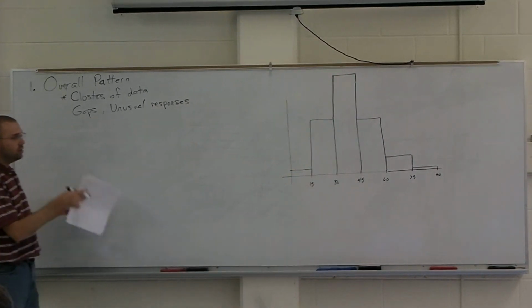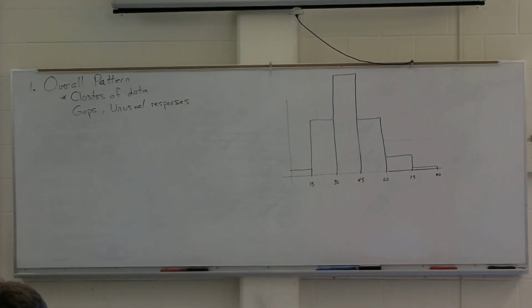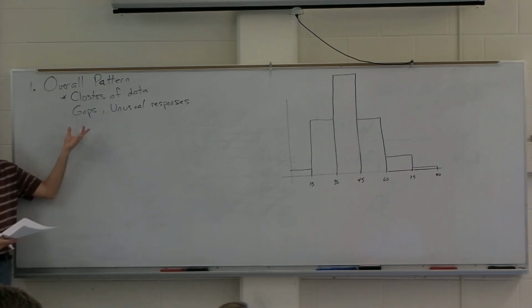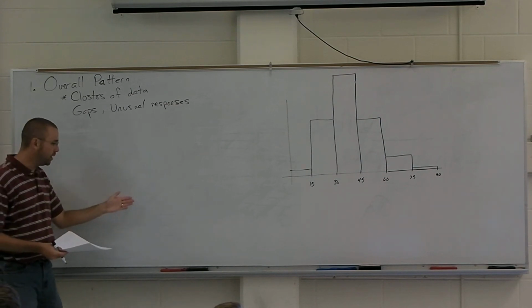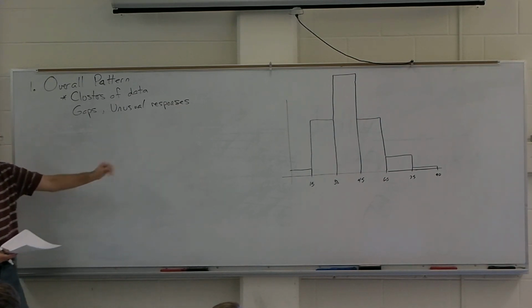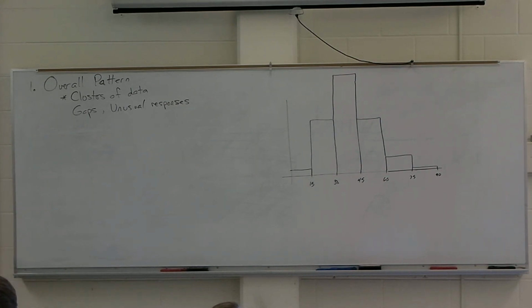But there are no little individual clusters here and there that are defining the overall pattern that we have in our data. In this particular data, there are no gaps. There are no gaps between here's some values, nothing in between, here's some more values. There's nothing like that that goes on in this one. Also in this particular set, there are no unusual responses, it doesn't seem.